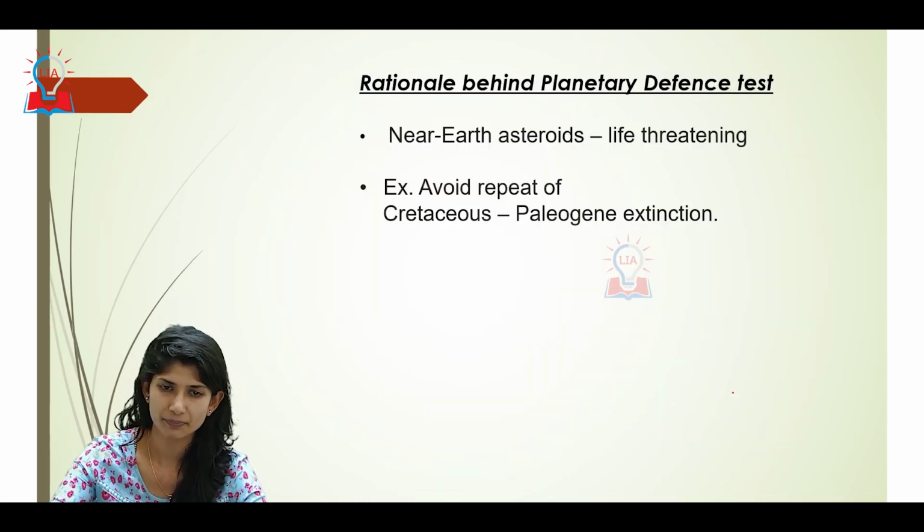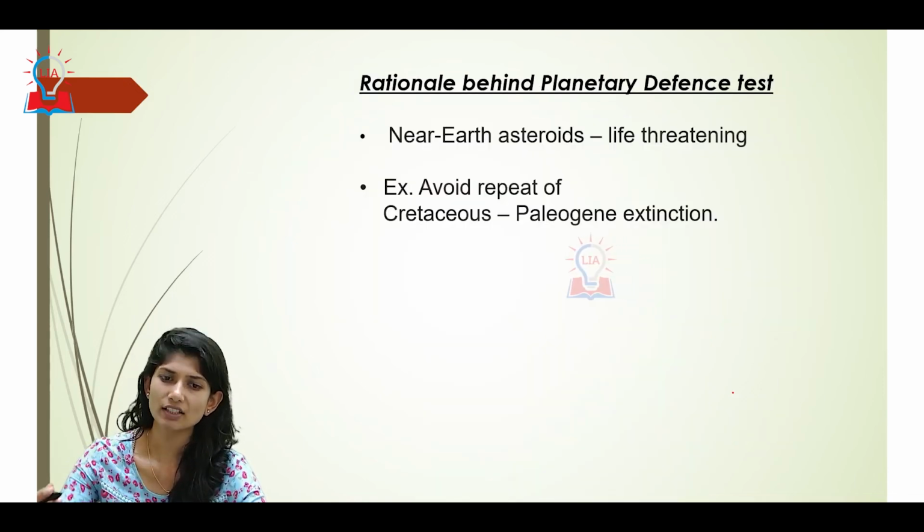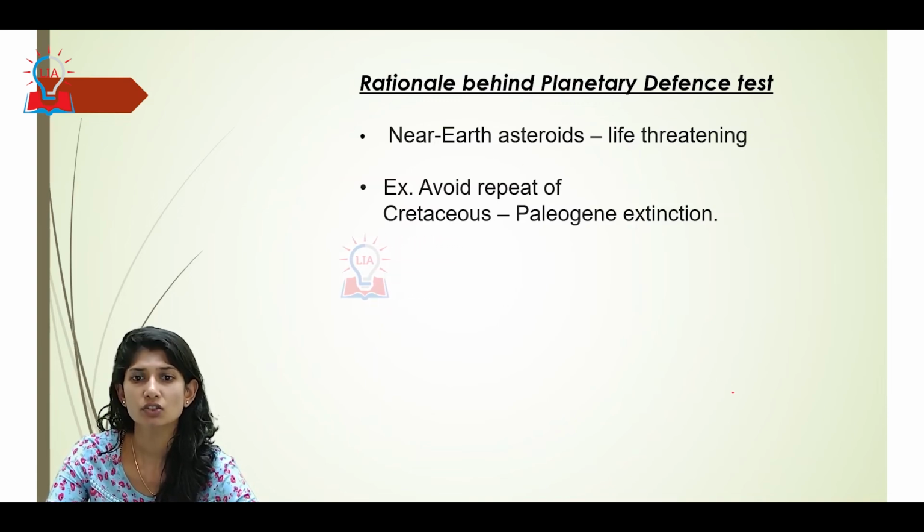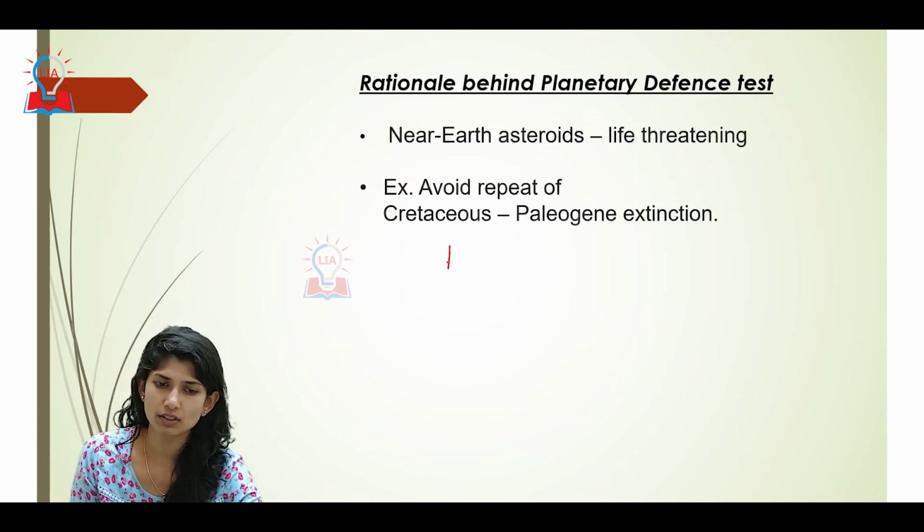Now, what is the rationale behind the planetary defense test? In one of the previous news snippets, we saw something that killed the dinosaurs, and we are now making sure it will not happen again. During the period of the dinosaurs, they became extinct.